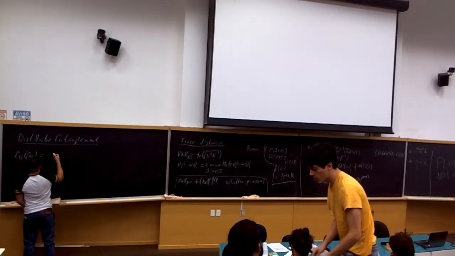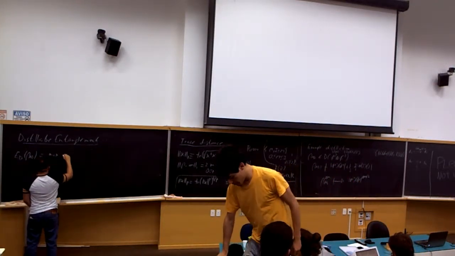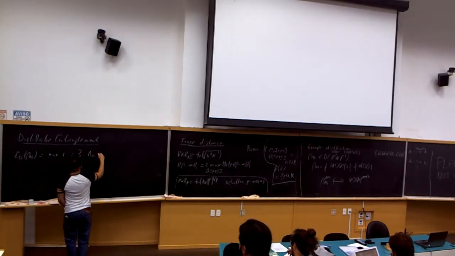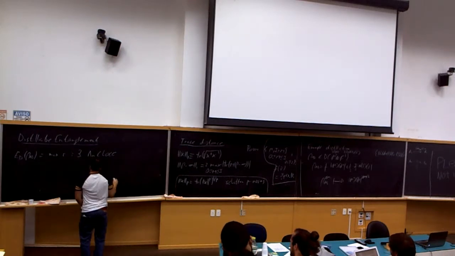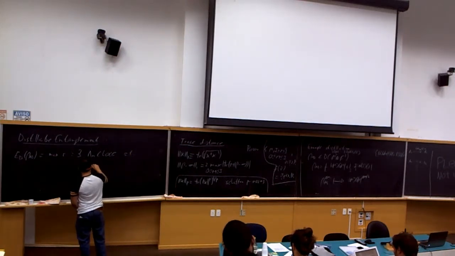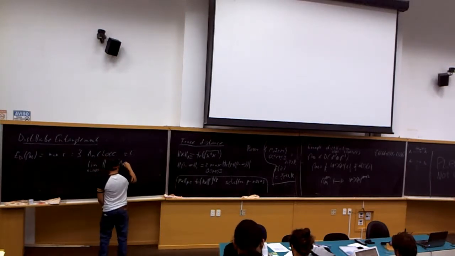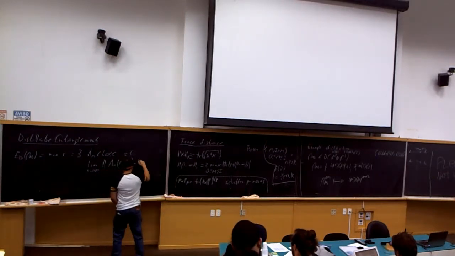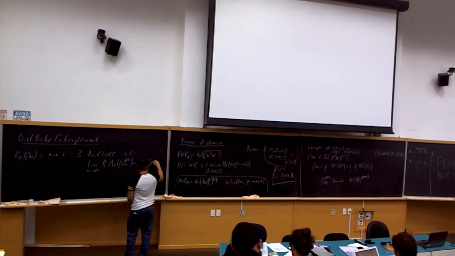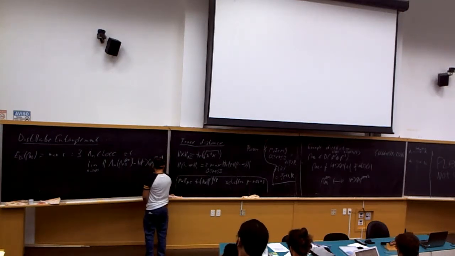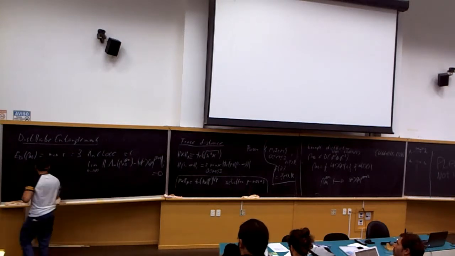So you can define it as the maximum over R such that there exist some quantum operations which are LOCC such that the limit when n goes to infinity of the error is equal to 0. Okay, so it's a little bit complicated to write, but the intuition is simple.